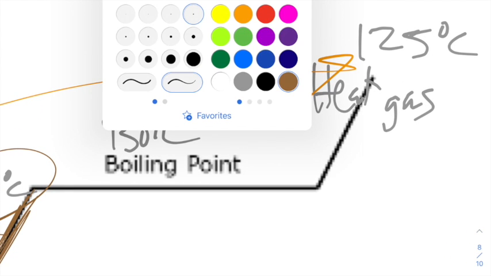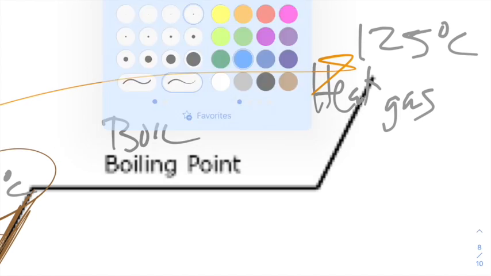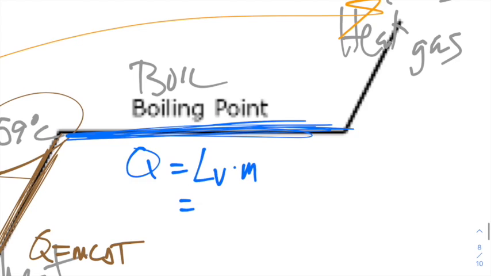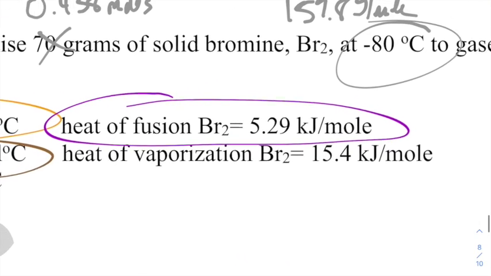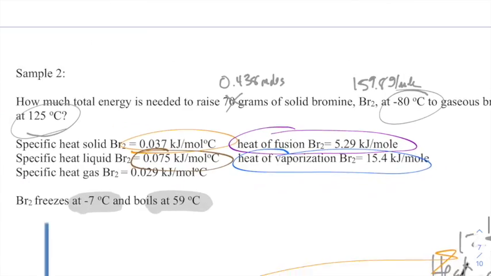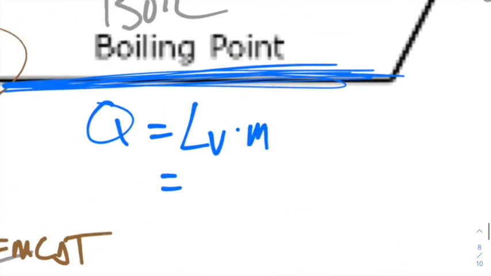All right, now we're here at step 4. I'll make that my blue step. Now we are boiling. So when we go to boil something, that is back to our latent heat equation. No temperature is involved. So Q is equal to L of V times M. So I can look those numbers up. There it is, the heat of vaporization of bromine, 15.4 kilojoules per mole.